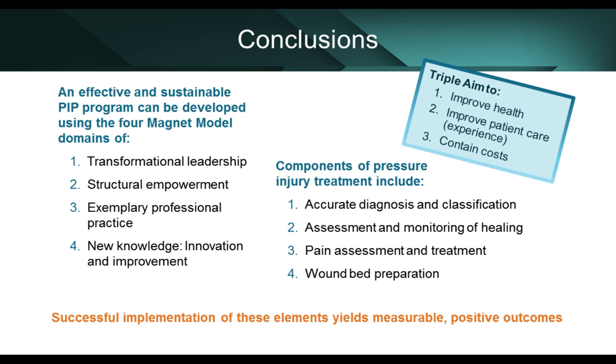Components of pressure injury treatment include accurate diagnosis and classification, assessment and monitoring of healing, pain assessment and treatment, and wound bed preparation. So the triple aim across all of our practice and our healthcare is to improve health, improve patient care experience, and contain costs.